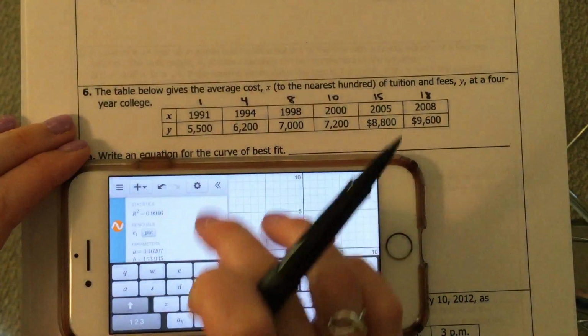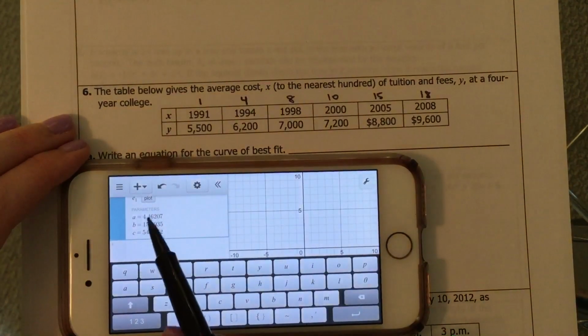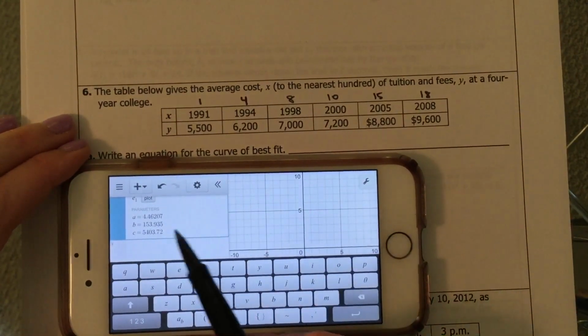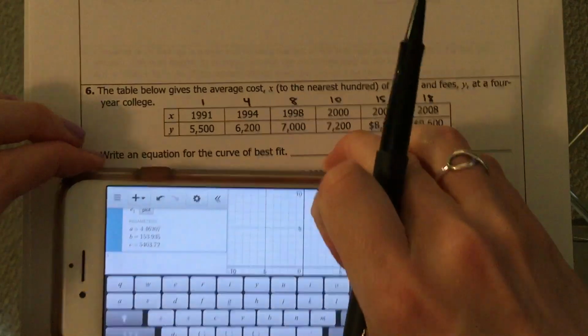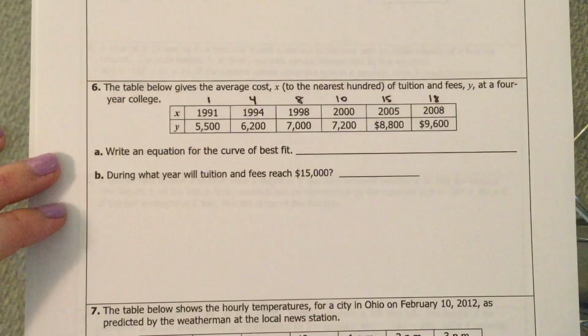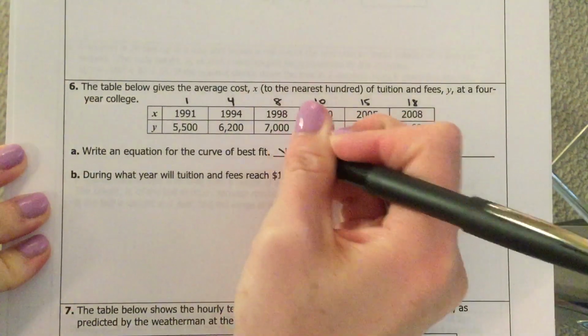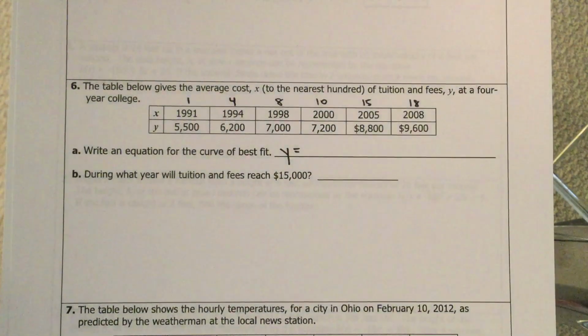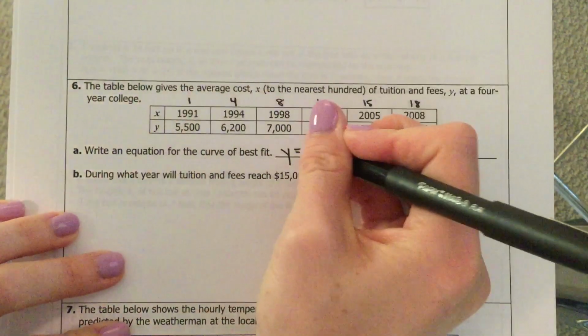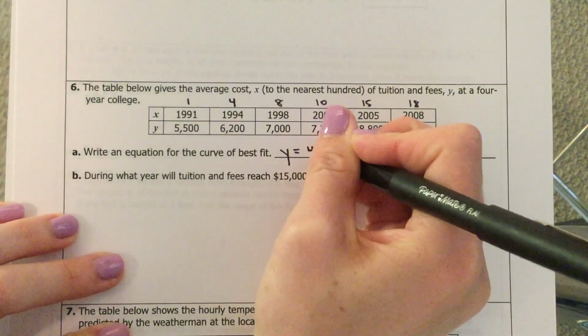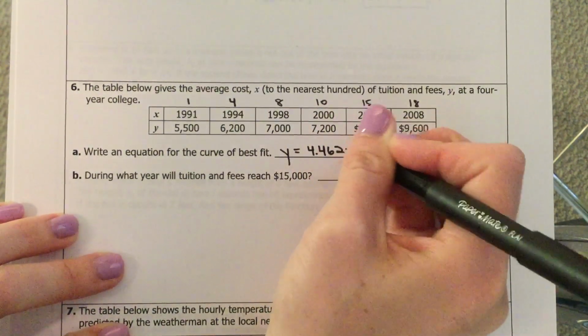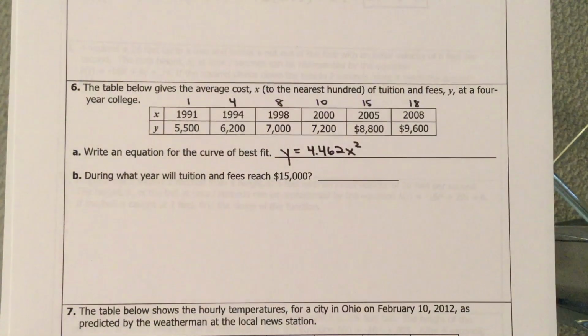So you've got just your normal standard form, except you use x1 and y1. So if we look here, we've got our parameters, a, b, and c. So we can use those. I'm just going to write them down myself. So our parameters, we have y equals. For a, we're going to use that value that we just had on the screen. So we've got 4.462, and that's what's attached to the x squared.